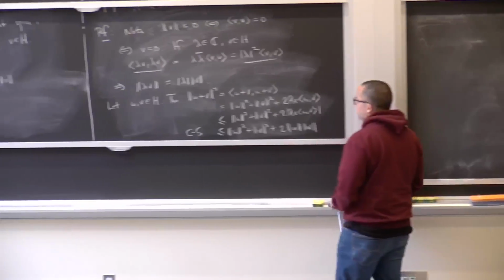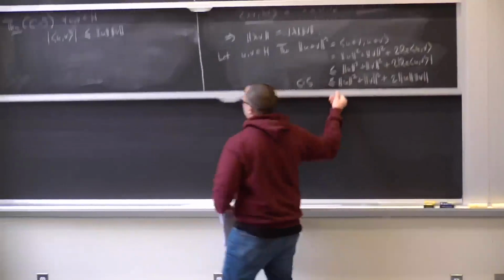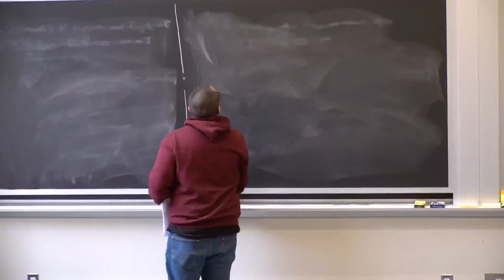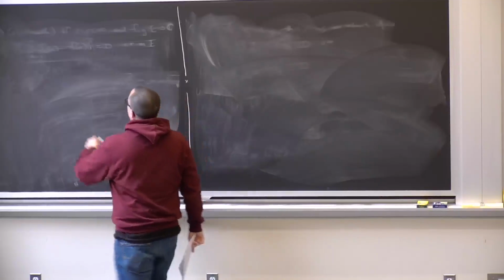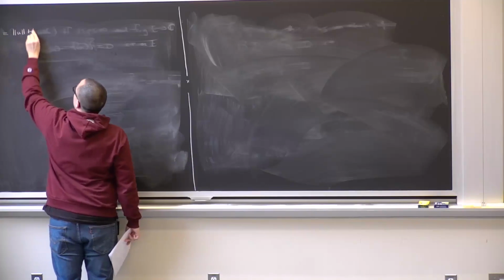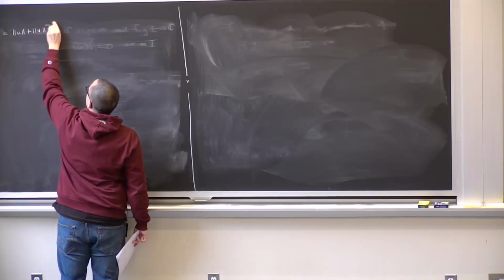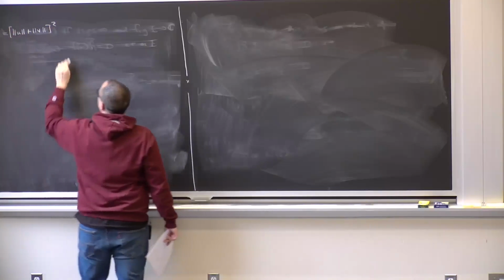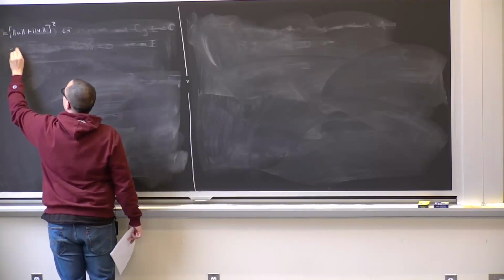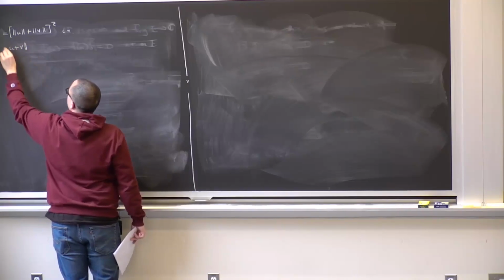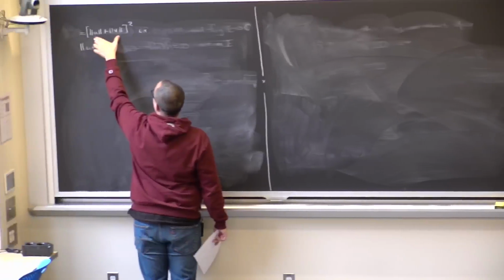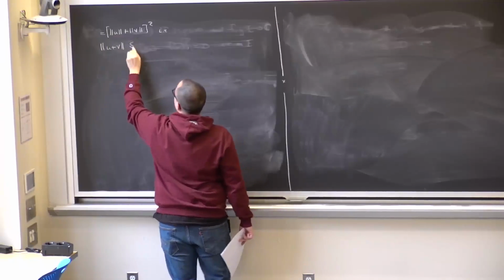I guess let me go to the next board. Oh, the proof is essentially done. What I had before is equal to the norm of U plus the norm of V, squared. I had started off with the norm of U plus V squared, and I had proved that's less than or equal to this thing here squared.